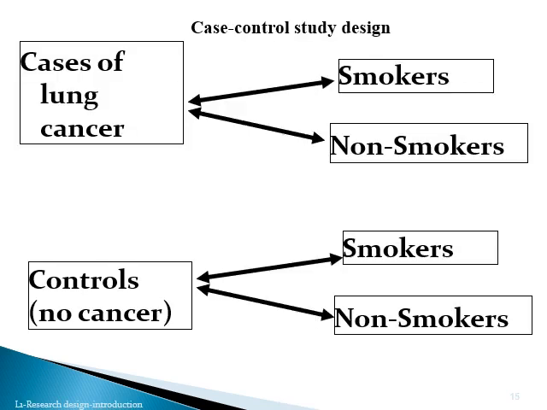This diagram shows cases of lung cancer and controls with no cancer. So we go back to see if they had been smoking before. So we will have lung cancer with smoking status, no smoking, and controls will have them also smoking, no smoking.